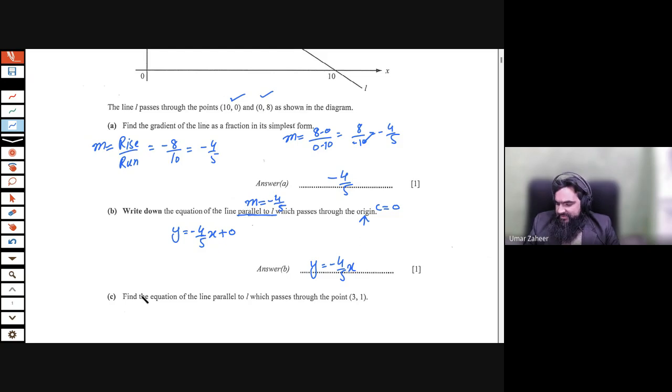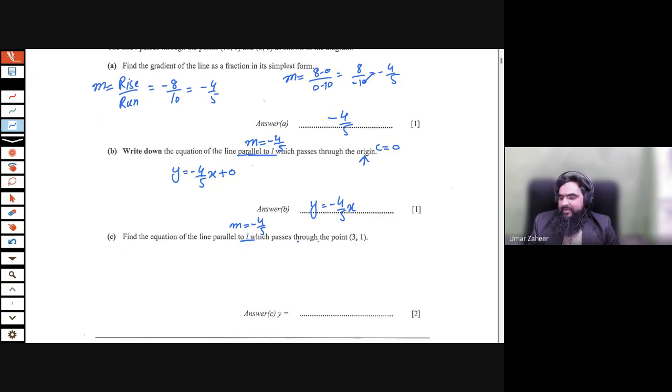In the next part, he says to find the equation of the line that is parallel to L, meaning the same gradient, minus 4 over 5, and passes through the point (3, 1). So we will get the equation y is equal to minus 4 over 5 x plus c, because we don't know the y-intercept. But the information is given: the line passes through the point (3, 1).